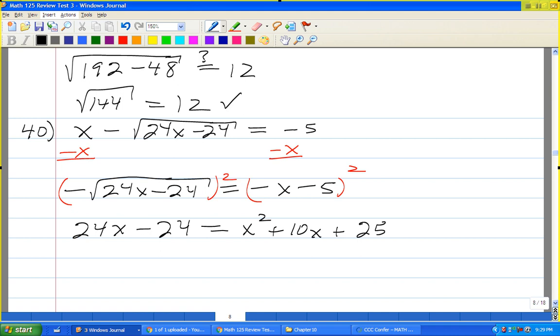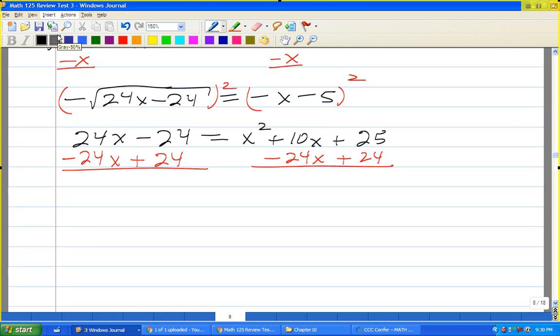Let me subtract 24x from both sides of my equation. Add 24 to both sides of my equation. And so I get x squared minus 24x plus 10x is minus 14x. 25 plus 24 is 49.